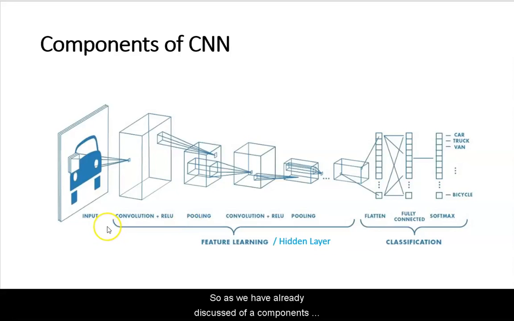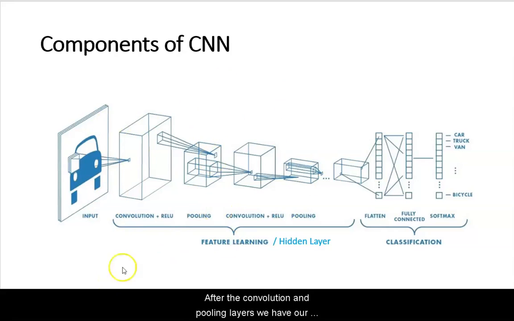So as we have already discussed, the components of a CNN are broadly divided into feature learning or feature extraction, and then the classification. So all the concepts that we have mentioned, like the convolution, the ReLU operation, the pooling, the functionality of stride, the functionality of padding, all those are applied in this feature learning or feature extraction part.